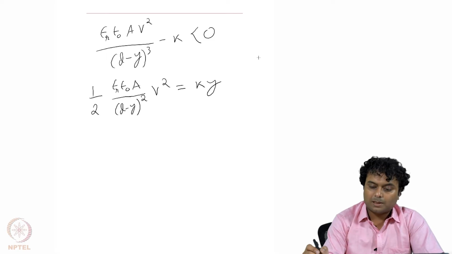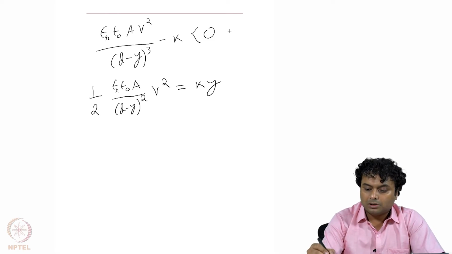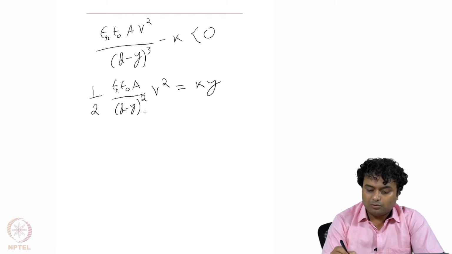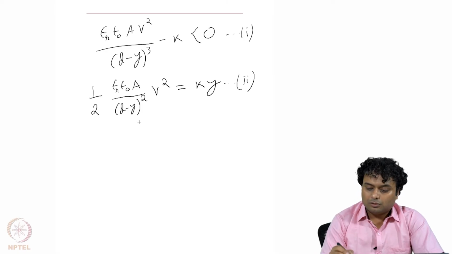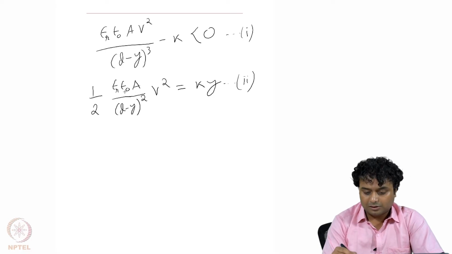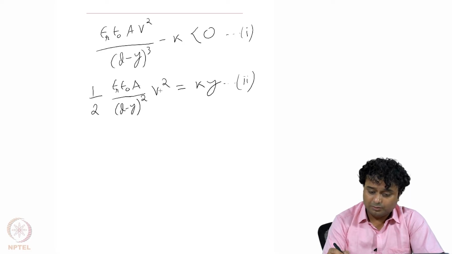Now let's call the earlier expression equation 1 and this one equation 2. So from equation 2, we put epsilon r epsilon naught A divided by d minus y whole square into V square whole term as ky.